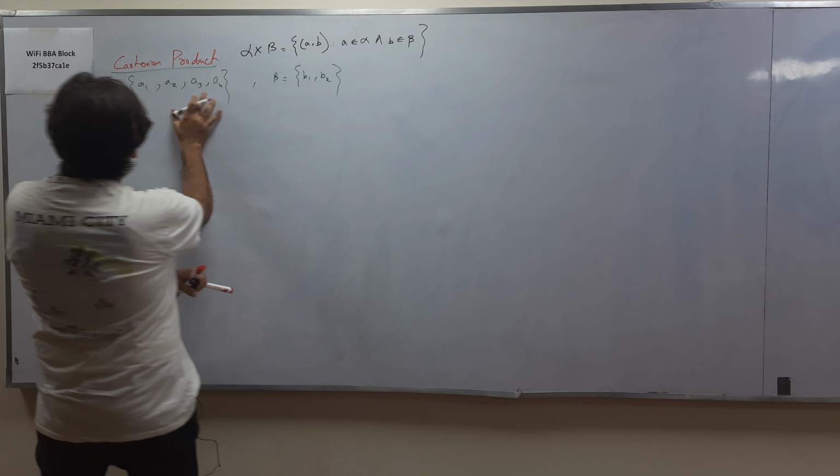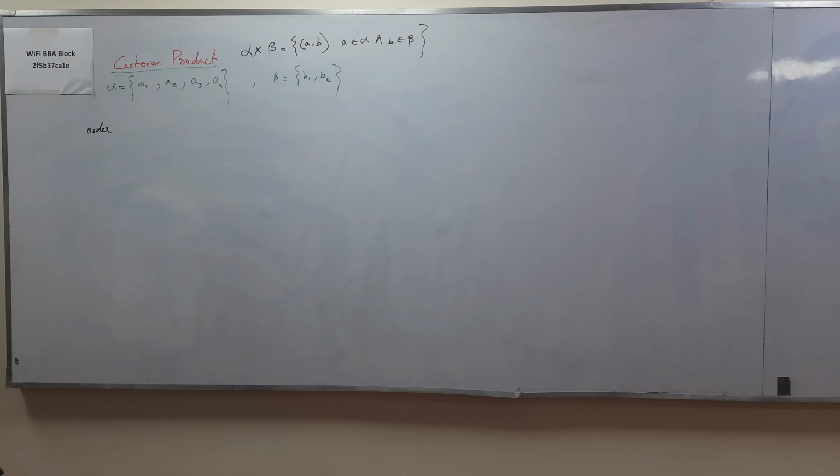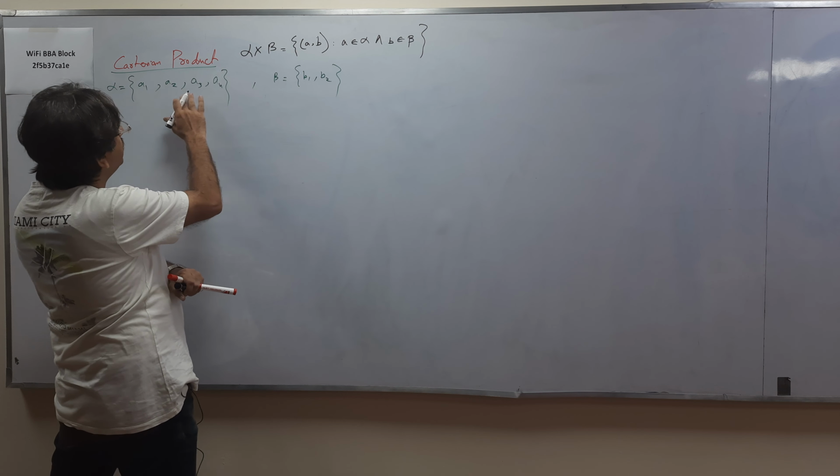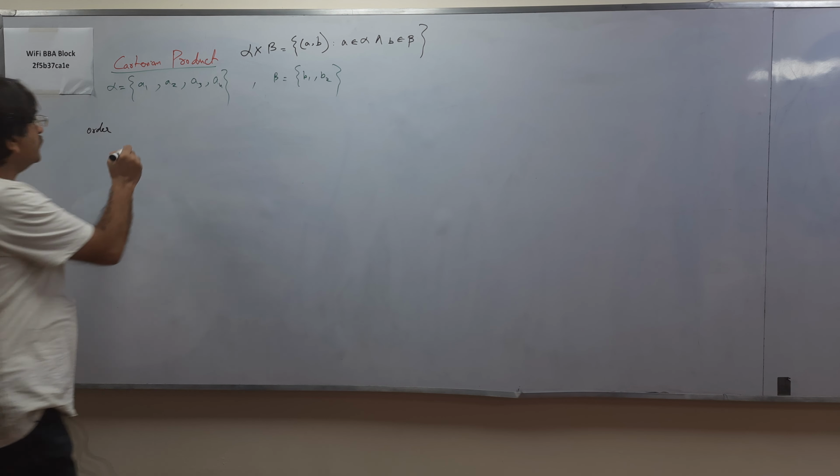So these are the elements of alpha and these are the elements of beta. There are different ways to represent sets and elements, which I will discuss later, but currently this is alpha, and A1, A2, A3, A4 are the elements of alpha, and B1, B2 are the elements of beta.